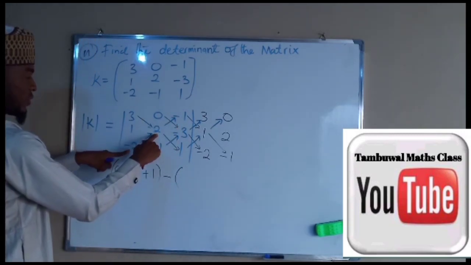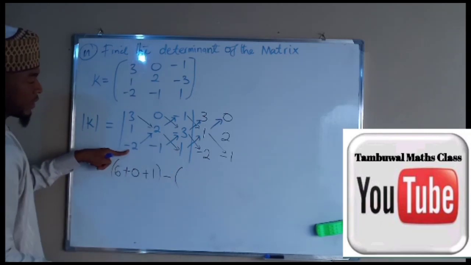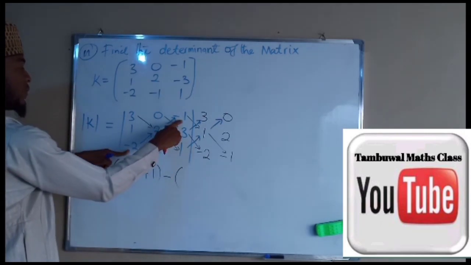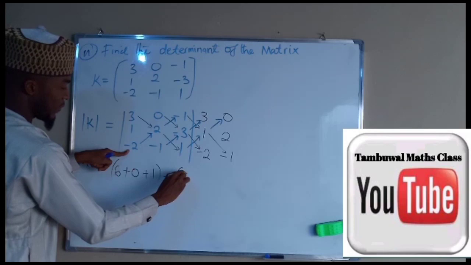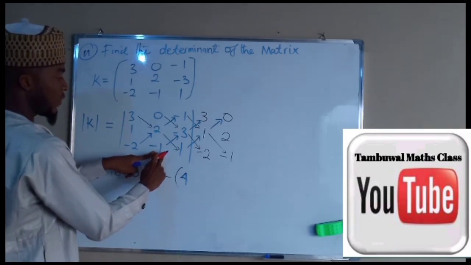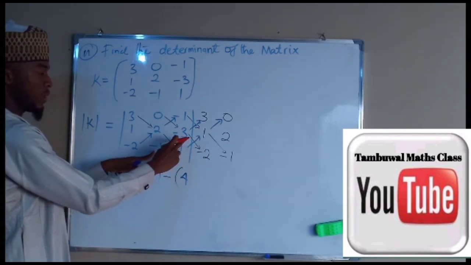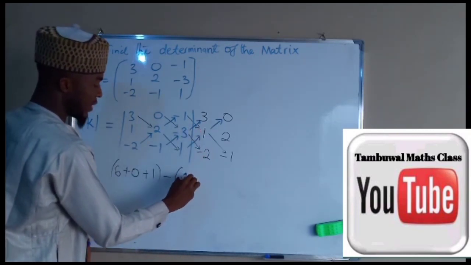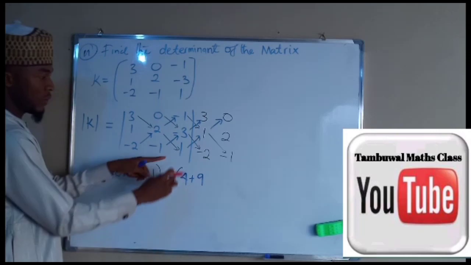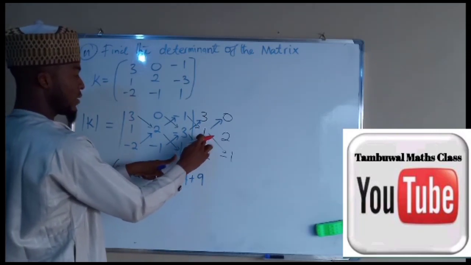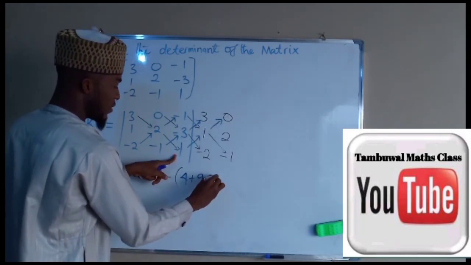Negative 2 times positive 2 is negative 4 times negative 1 is positive 4. Negative 1 times negative 3 is positive 3. Then positive 3 times 3 is 9. 1 times 1 is 1 times 0 is 0.